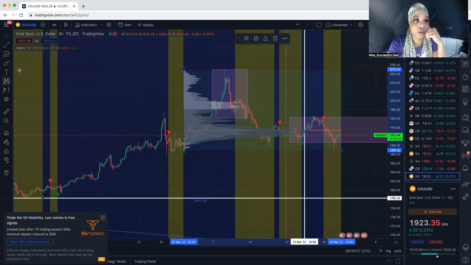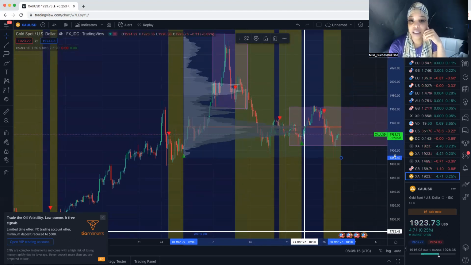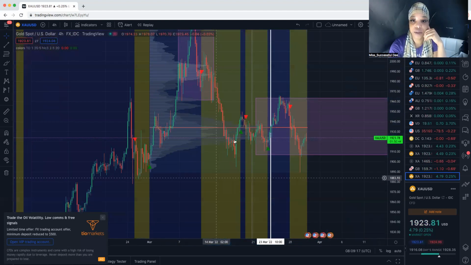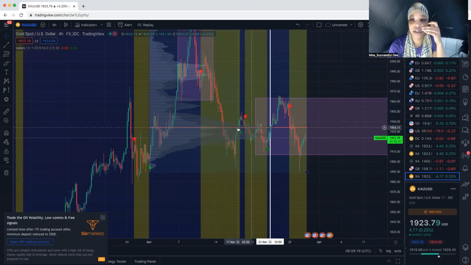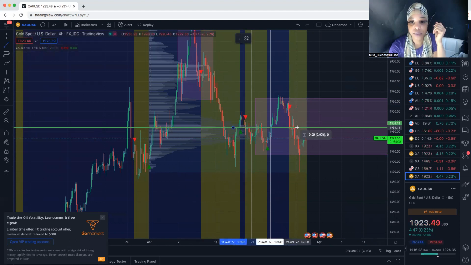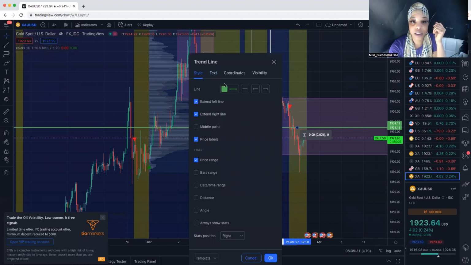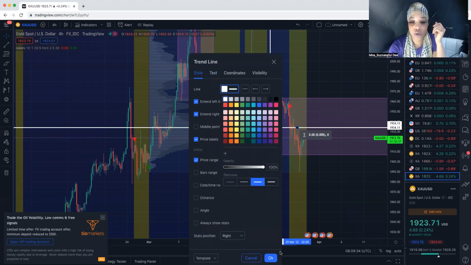Okay, cool. So as you can see, guys, on this point of control, it's given us a red line. This red line is showing us where the point of control is for the buyers and the sellers. So once we see this red line, all we're going to do is literally just mark that point up, change the color for you.